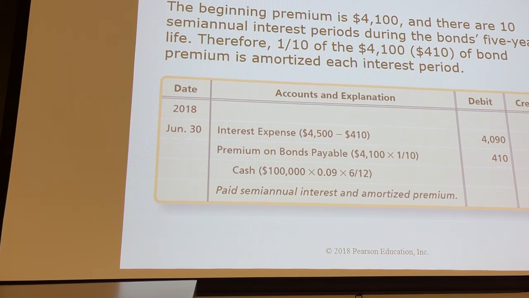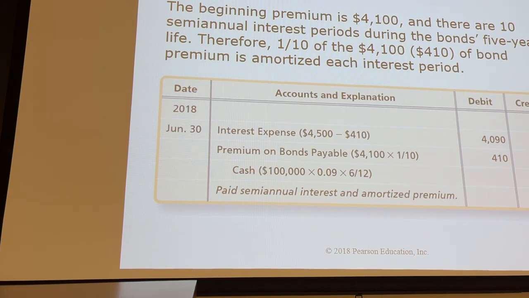And again, there are 10 interest payment periods in the 5-year life of the bonds. So we take the total premium of $4,100 and divide it by the 10 periods. That tells us it's $410 that we're going to amortize away in each period. So that's why we would debit premium on bonds payable $410.